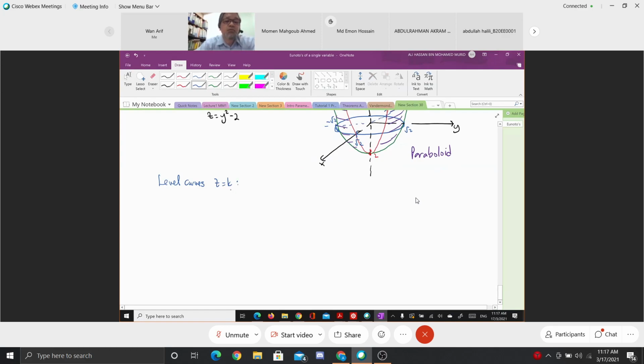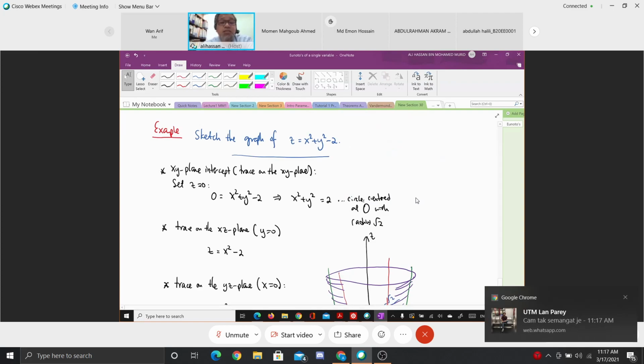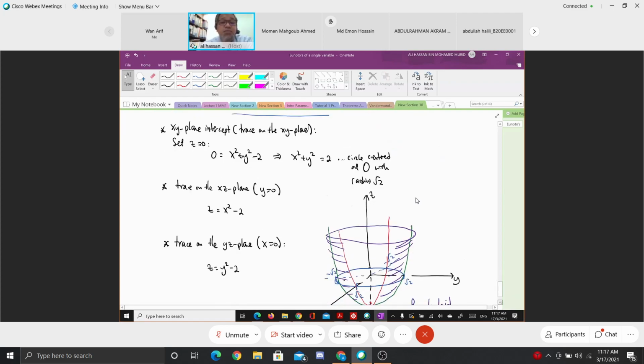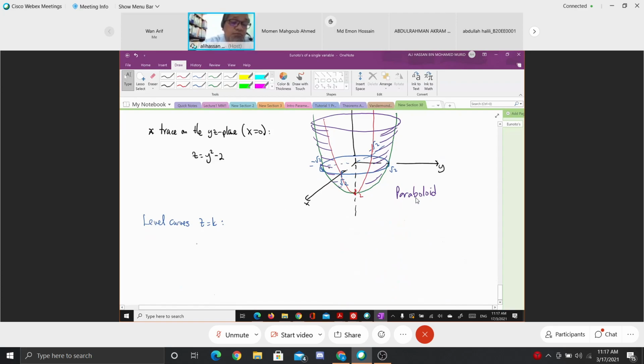Suppose k is some constant. If I let z equal to k in this equation, z equals x squared plus y squared minus 2, then we have k equal to x squared plus y squared minus 2, right?